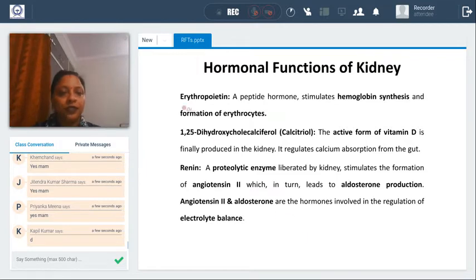So these are some hormonal products like erythropoietin, 1,25 dihydroxycholecalciferol, that is calcitriol. Next is renin, which stimulates the formation of angiotensin 2 and in turn aldosterone production. These are involved in regulation of electrolyte balance. So there are 4 main functions.